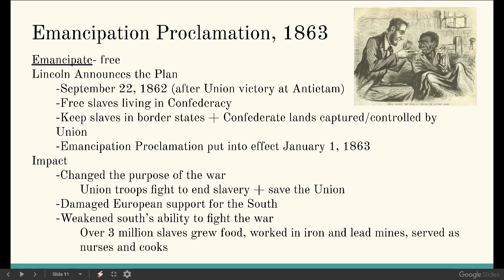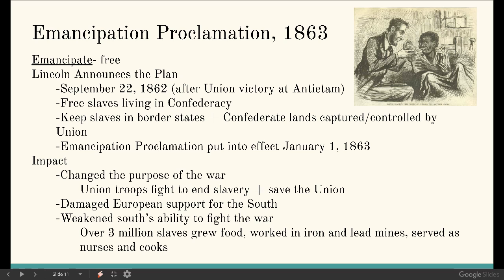And so once the Emancipation Proclamation frees the slaves in the Confederacy, and the South refuses to free their slaves, Europe decides, okay, we can get our cotton from India and Egypt, and some of those other colonies that we have control of. And so the Europeans are not real keen on supporting the South after that.